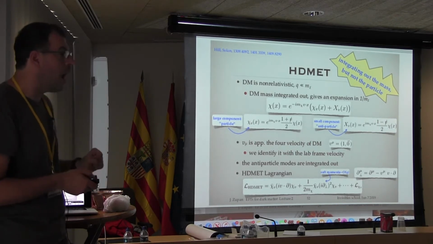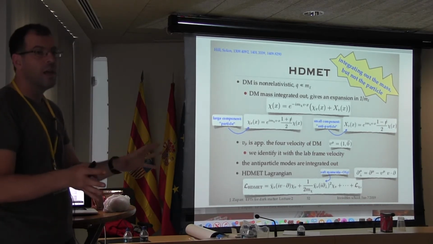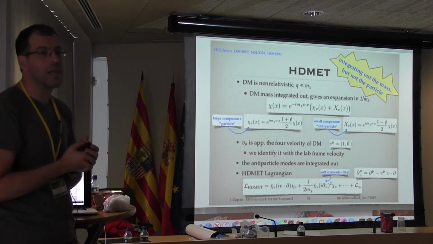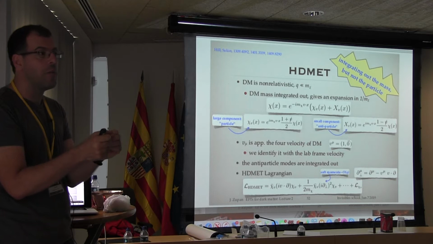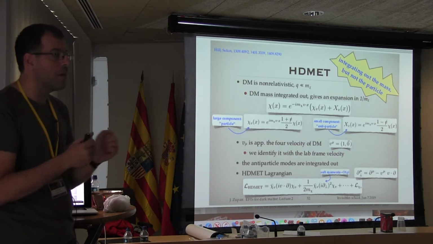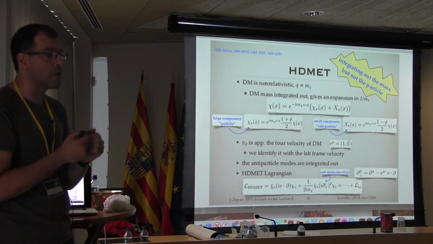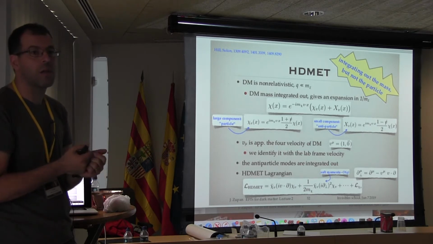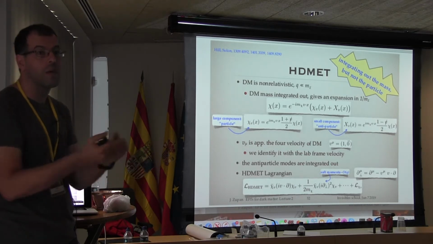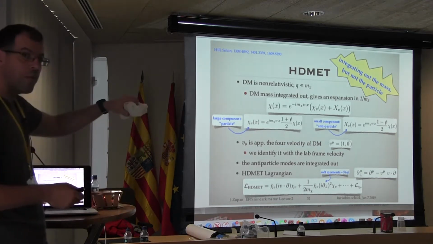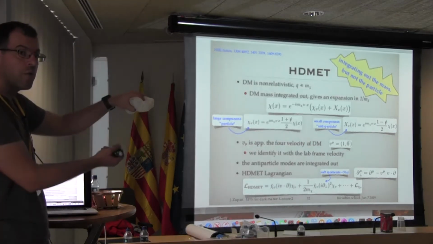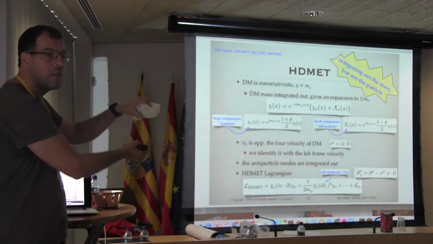So I'm integrating out the heavy modes, and it's something super weird now. I'm taking a field, and I'm integrating out only part of the modes connected with this field. The field has the particle and the antiparticle modes, and I'm integrating out the antiparticle modes, because if I want to convert my particle into an antiparticle, I have to bring in twice the mass.